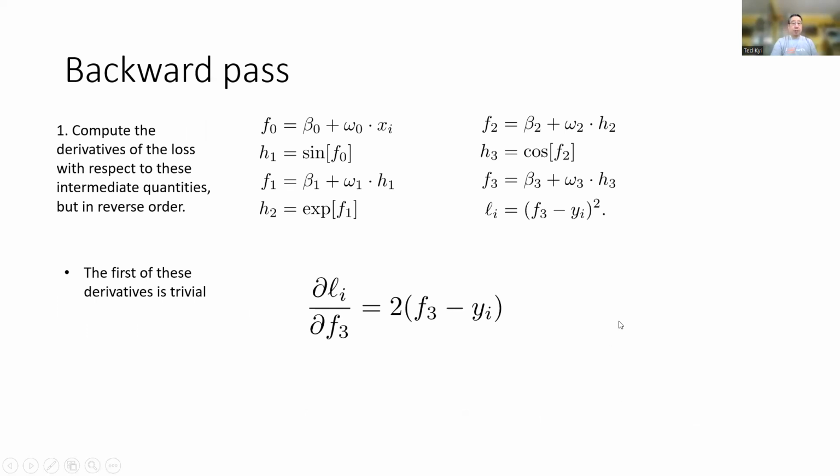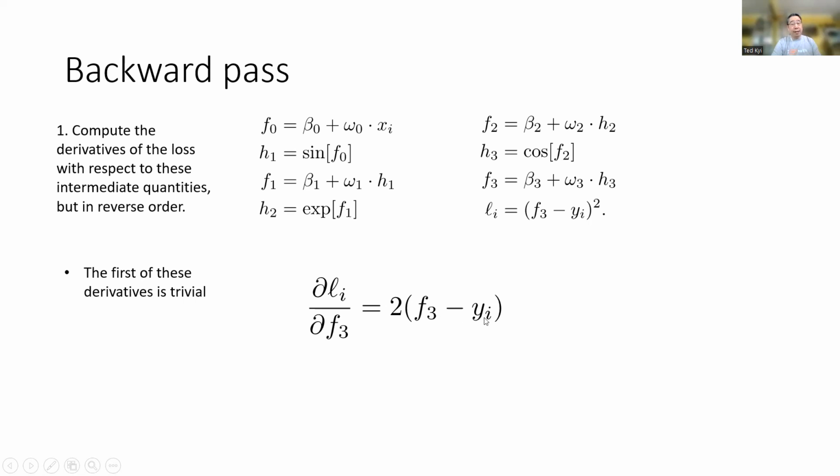In this case, the first of these derivatives: the loss function right here is F3 minus our actual value y, quantity squared. If you want the partial derivative with respect to F3, for those of you who know your calculus, it's going to be 2 times F3 minus our value y. So we have a closed form equation for this.